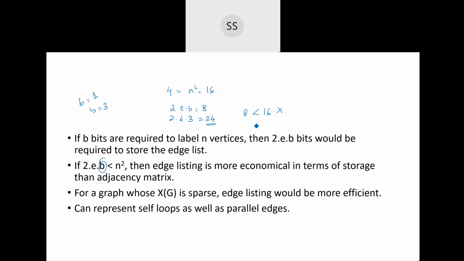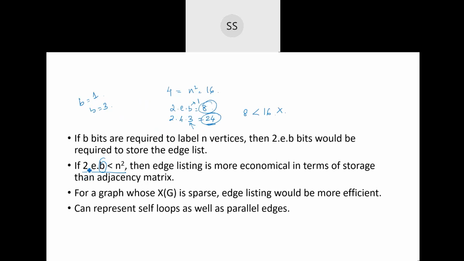So 24 becomes greater than n squared. So here in the first case my b value was 1, so I got the value as 8. When the b value became 3, the value increased. So on the basis of b, your 2eb value is going to vary.